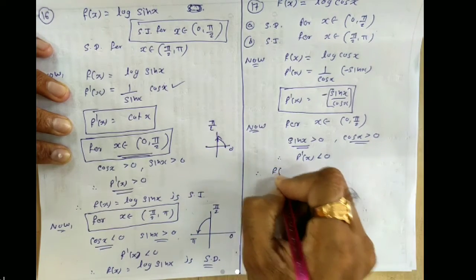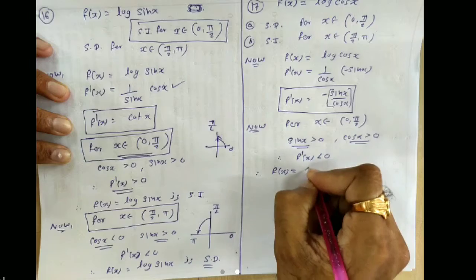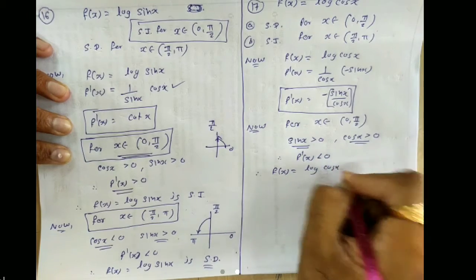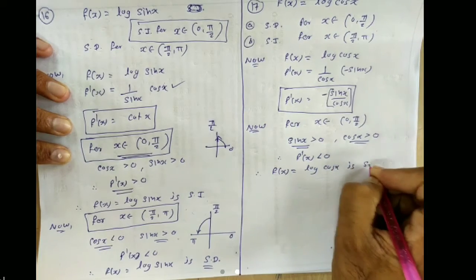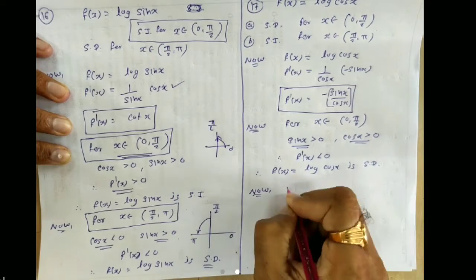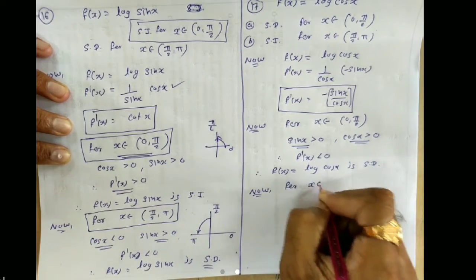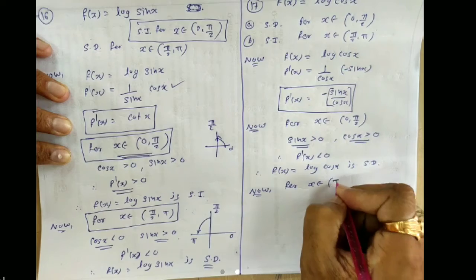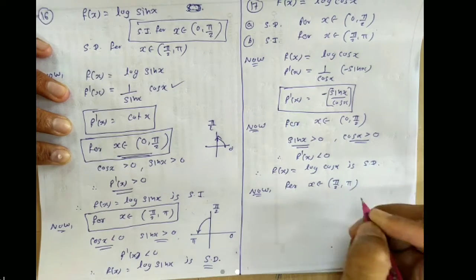Therefore we can write f of x equal to log cos x is strictly decreasing. Now for x belongs to the second part, pi by 2 to pi.